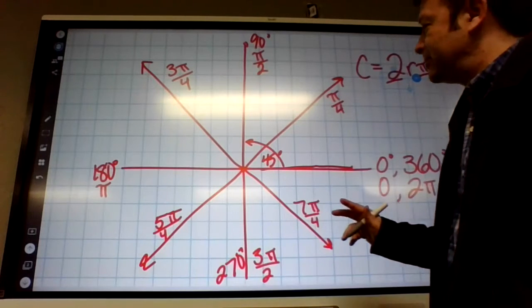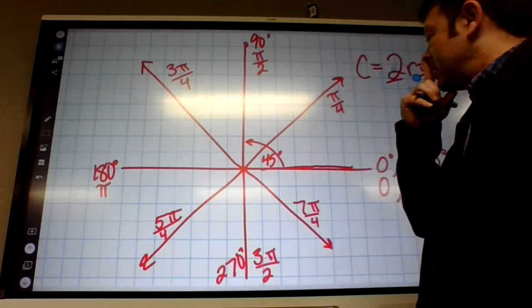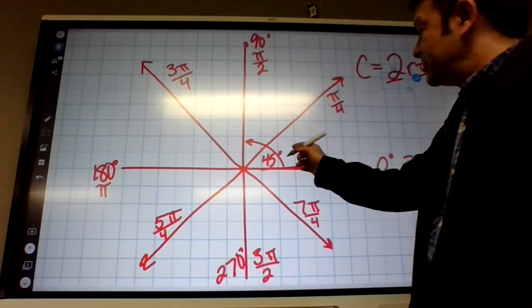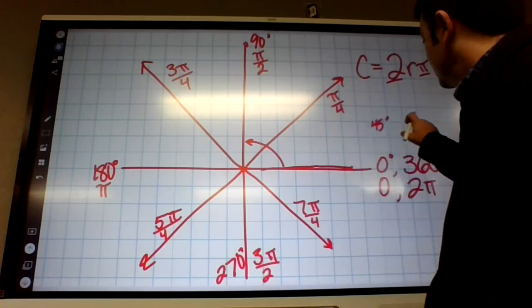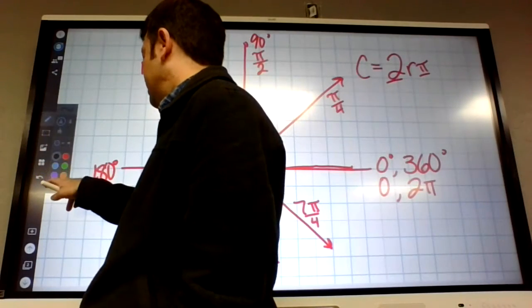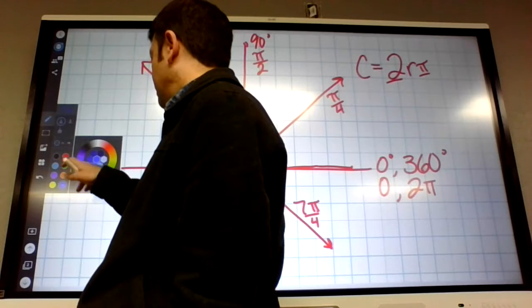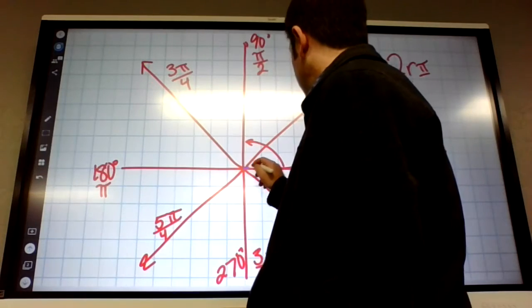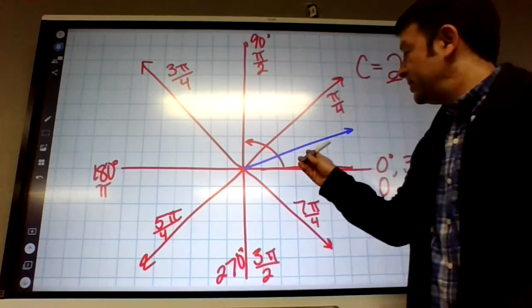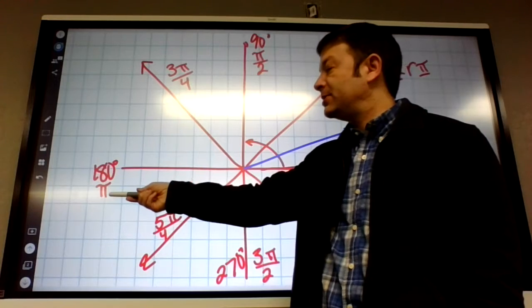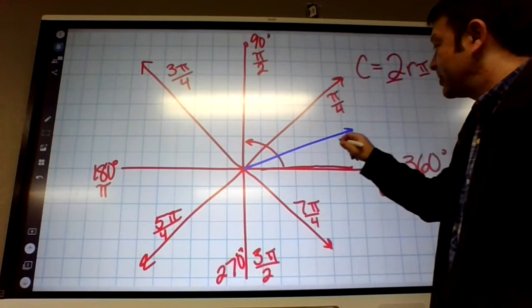Another common angle, I'm not going to go through all these, is a 30 or 60 degree angle. 30 degrees is 1/6 of 180, so it's 1/6 of pi.